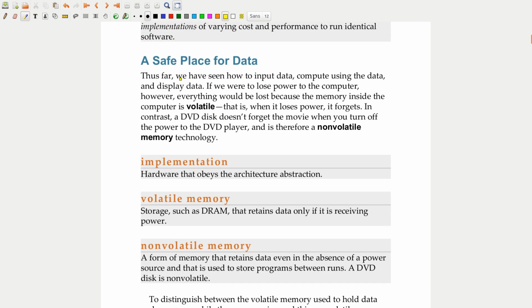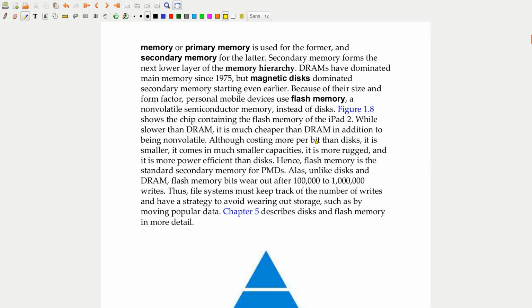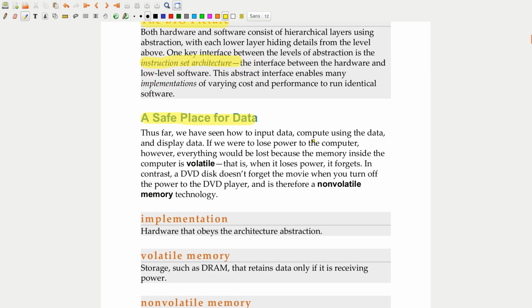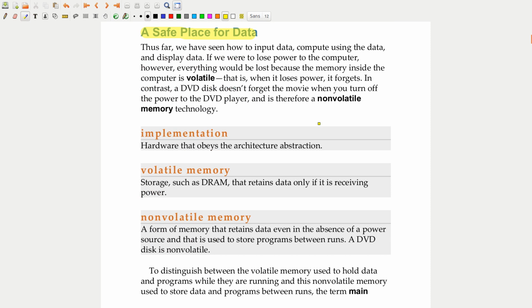Okay. A safe place for data. I think we're getting fairly close to the end of the first chapter. So let's see if we can finish this out and then take a quick break. Thus far, we have seen how to input data, compute using the data, and display data. If we were to lose power, we could lose things inside memory if it's volatile.